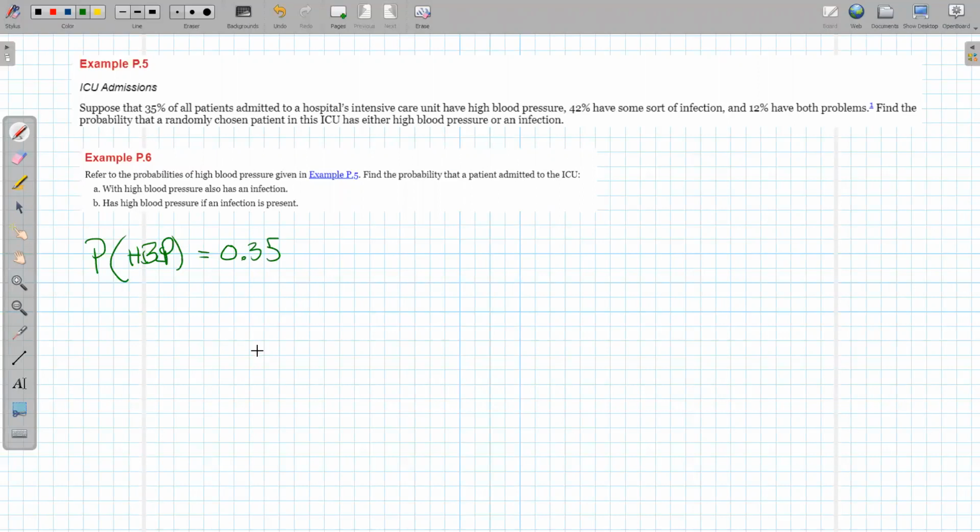Then we're given the probability that they have an infection, so P of INF for infection, 42%, 0.42. And then the probability of both, high blood pressure and an infection, that would be 12%.